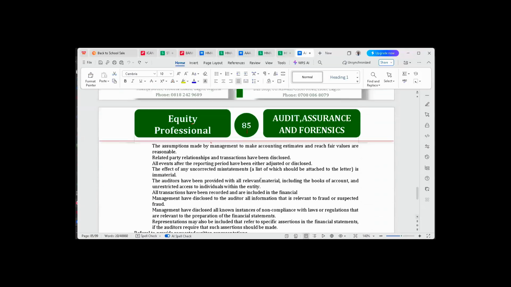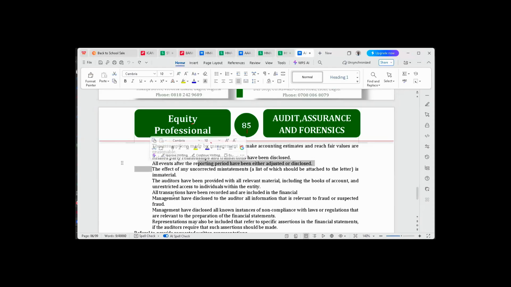Number three, it contains assumptions made by management to make accounting estimates and reach fair values that are reasonable. Then, related party relationships and transactions have been disclosed. The next one, all events after the reporting period have either been adjusted or disclosed.